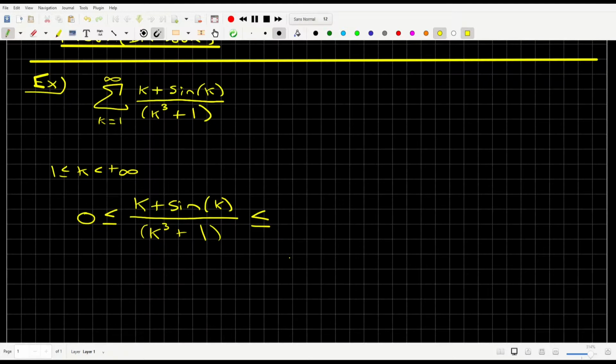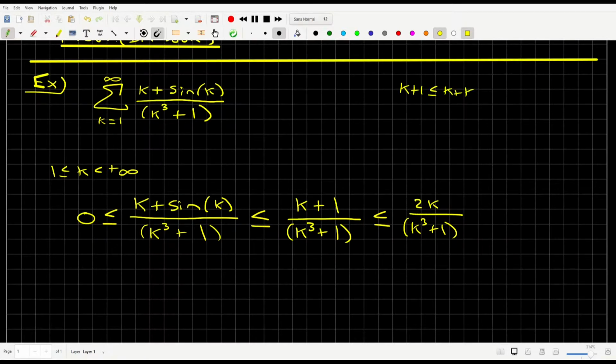So this will always be less than or equal to (k plus 1) over (k cubed plus 1). And k plus 1 will always be less than or equal to 2k, because for all k from 1 to infinity, k plus 1 is less than or equal to k plus k, which is just equal to 2k.